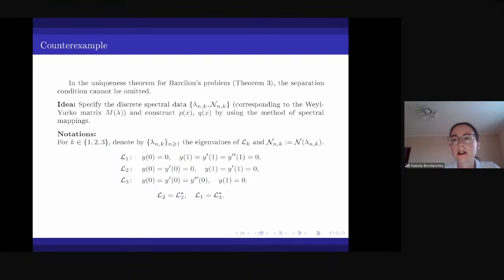The next question is, can we remove the separation condition for Barcilon's problem? But what is surprising is that for Barcilon's problem, we cannot remove the separation condition, we cannot omit it. And this is shown by a counterexample. The idea of construction for this counterexample is the following.